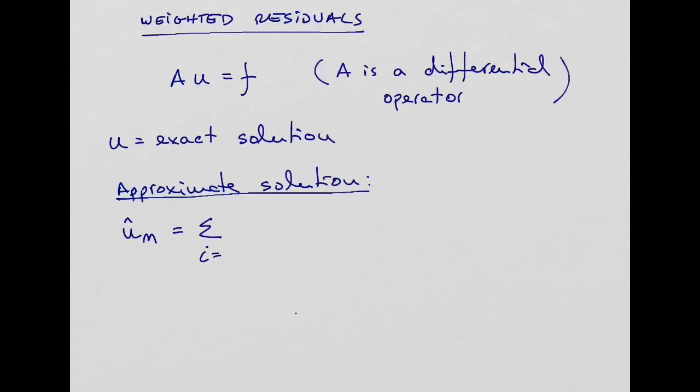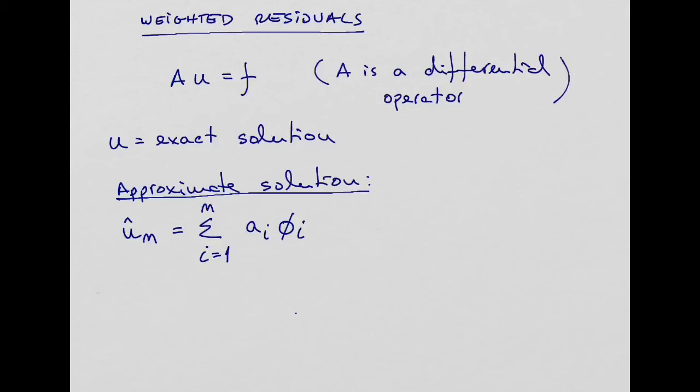So it's going to be a summation here from 1 to n of coefficients that we don't know, ai, times phi i, which usually in FEA is known as shape functions. All right? So this approximate solution is going to be a summation of unknowns, ai, multiplying shape functions, which we know.